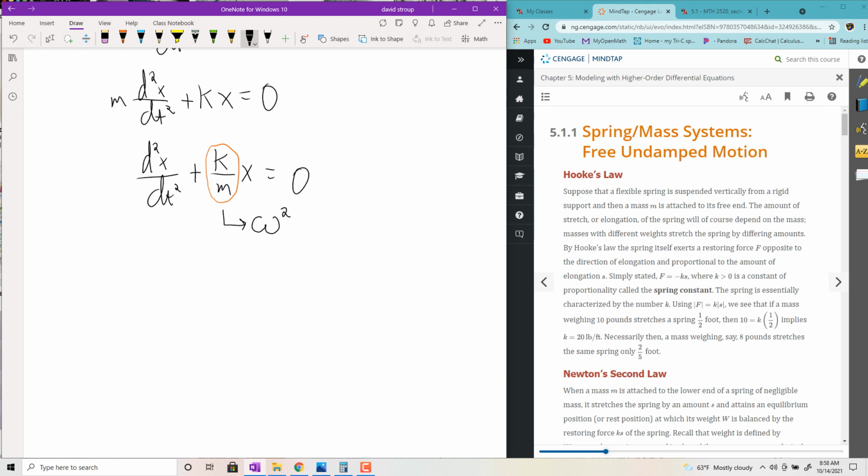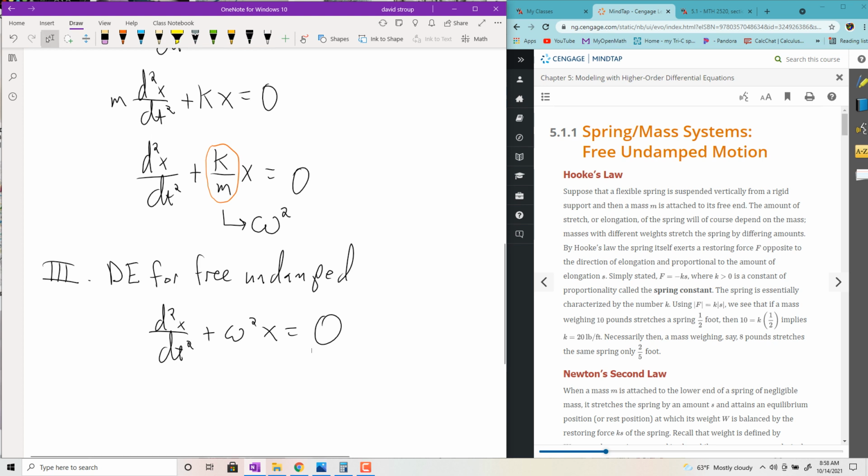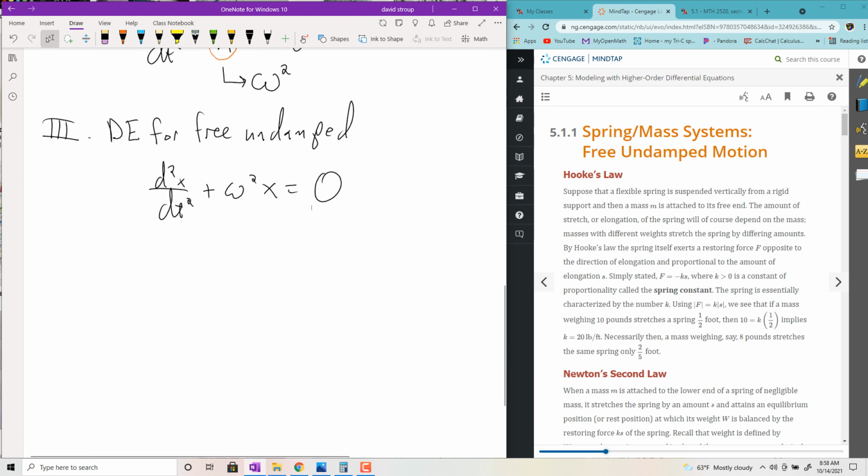So ultimately, our differential equation for this kind of motion, this free undamped version, is going to be d2x over dt2, the second derivative of x with respect to t, plus omega squared x equals 0. Okay. All right, we want to solve that and get an equation for motion.